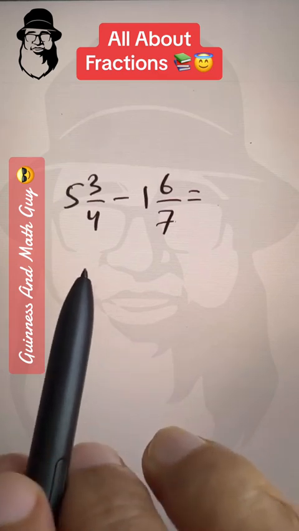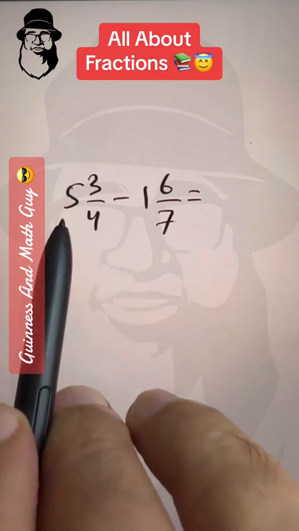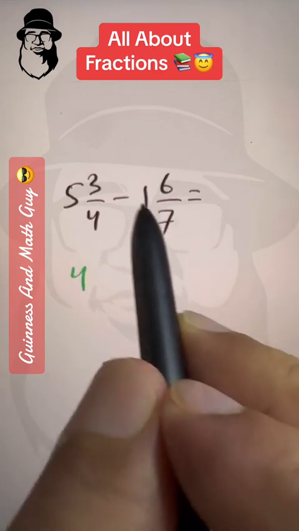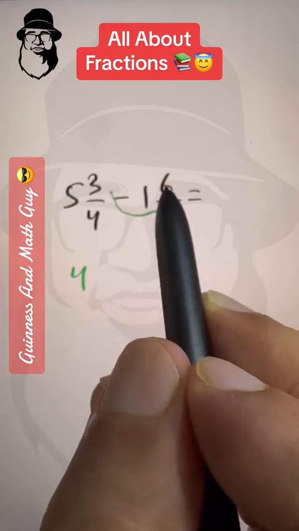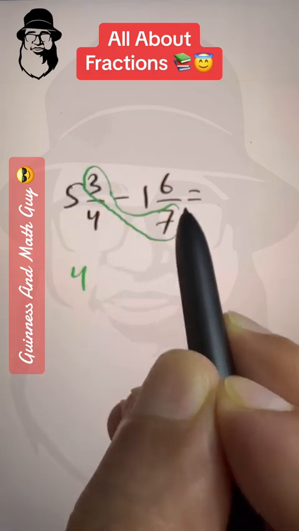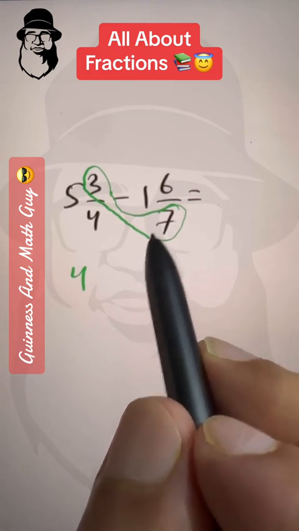Sometimes what happens is, when we deal with the whole number separately, 5 minus 1 is 4. But when we deal with the fractions, this fraction is bigger than this fraction. So our answer to the subtraction of fractions gives us a negative fraction.